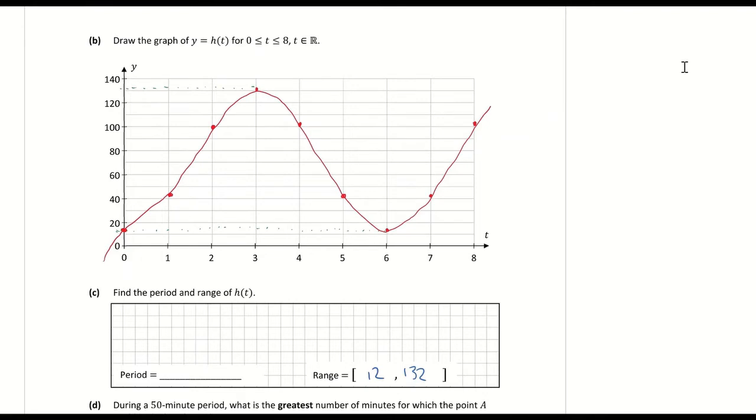So how often does the function repeat? This function repeats every 6 minutes, because if you go from, say, time 0, it's at 12 meters. When is it at 12 meters again? Well, it's at 12 meters again 6 minutes later. So my period here is 6 minutes.